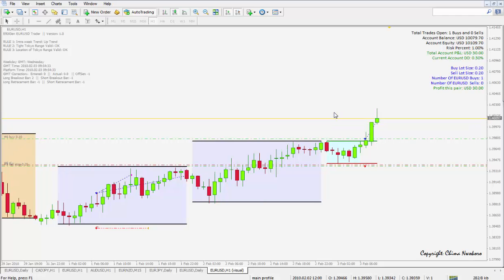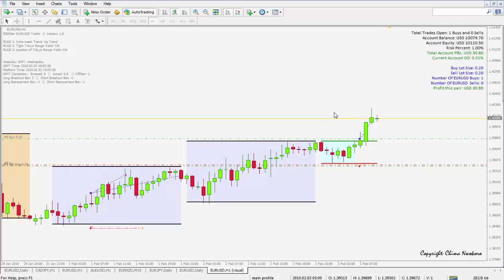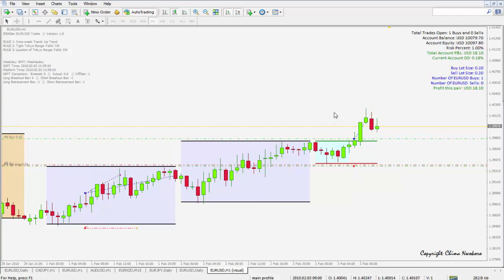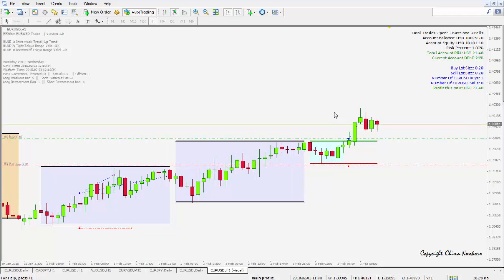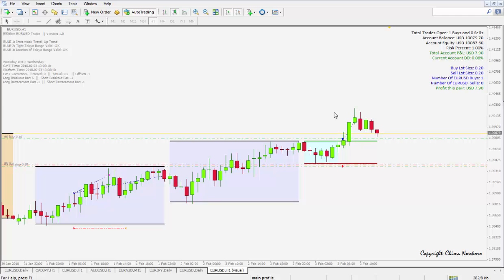If price gets to 50 pips, then it will move the stop loss to break even plus 25 pips. But let's see, it doesn't look like price is going up, so even if this comes back down and hits the stop loss, it's not a full-blown loss, and probably that's what's going to happen.